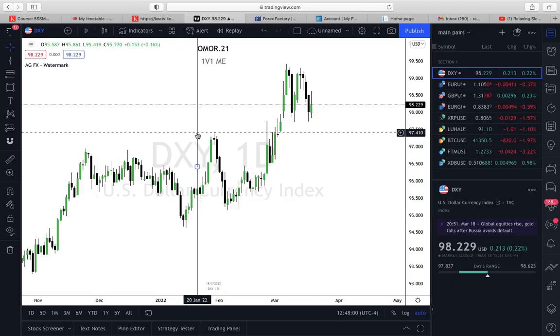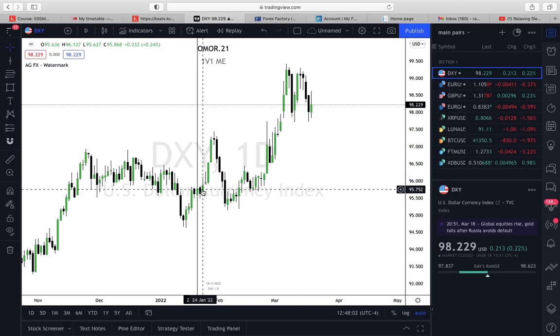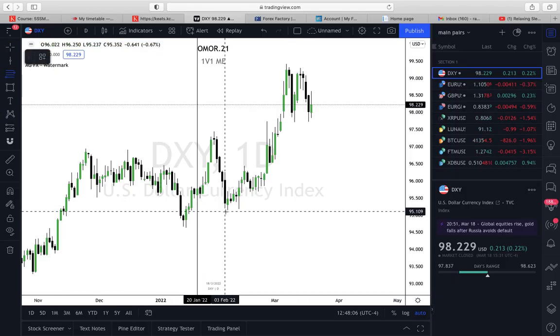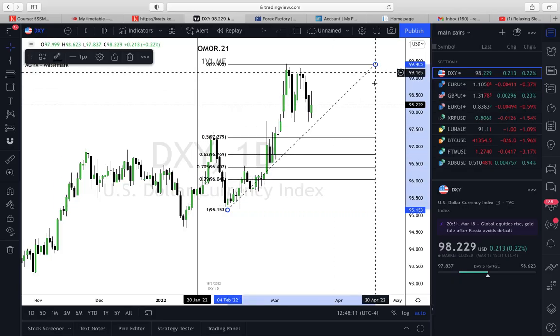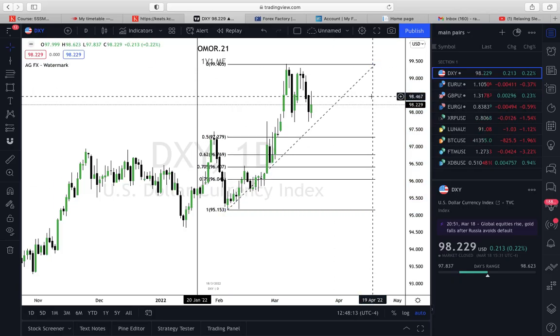This is the last 60 days of trading. From here to here is the last 60 days of trading. Let's go to the highest and the lowest point within that 60 days, which is here. We're above the 50, so that means we're trading in a premium.